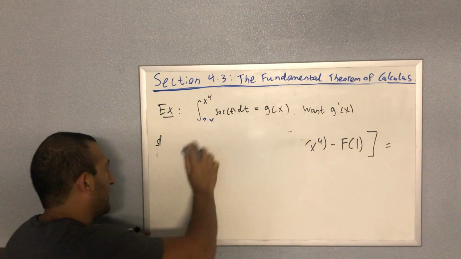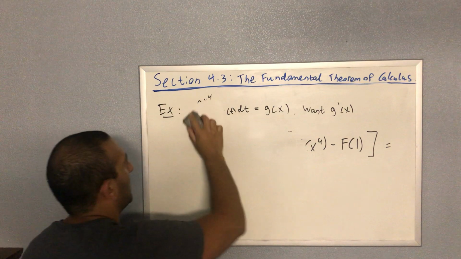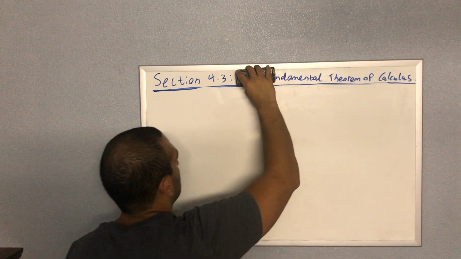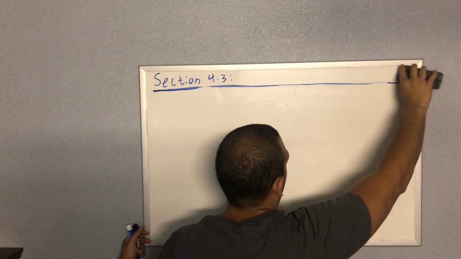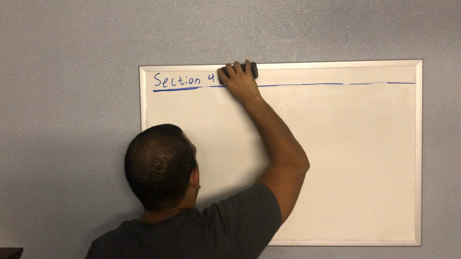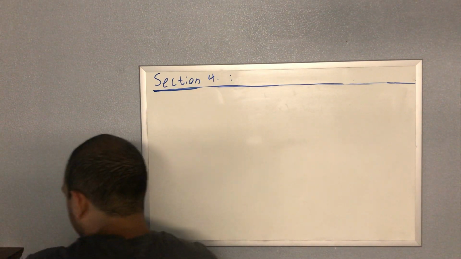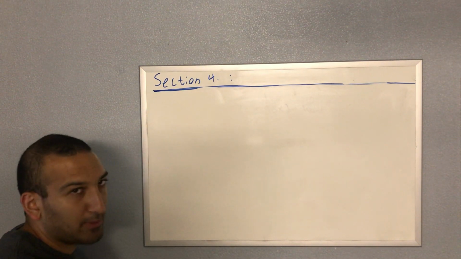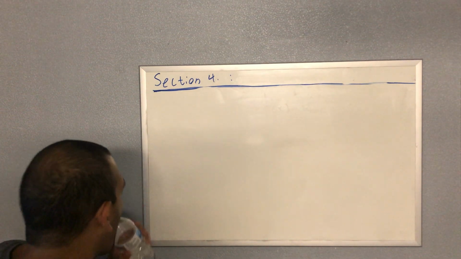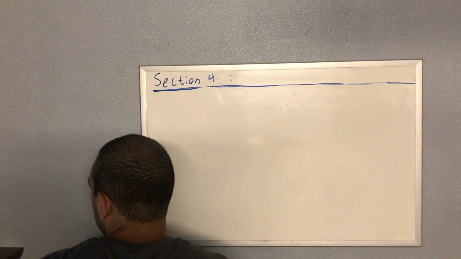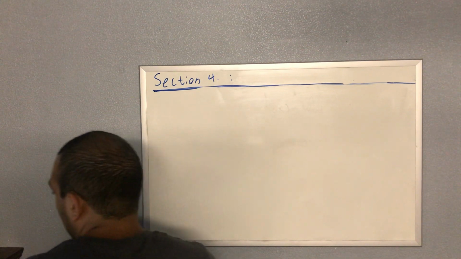So now that we have a lot of the theoretical aspects established, we can start to see how we're going to compute this stuff. How do we actually find these things? How do we find the antiderivatives easily? And how do we make sense of them in real life scenarios?